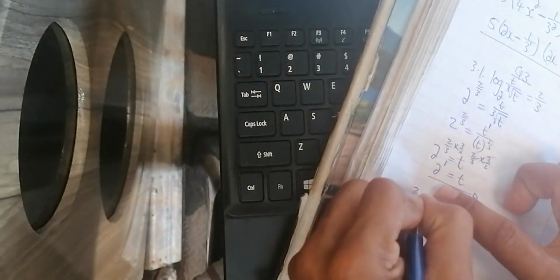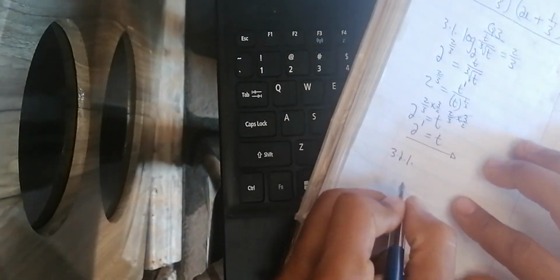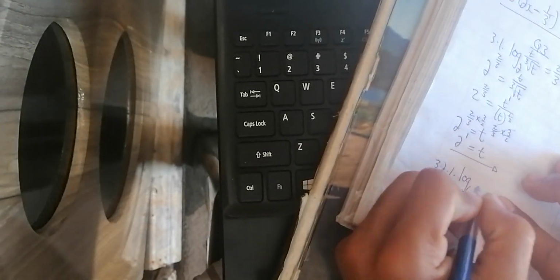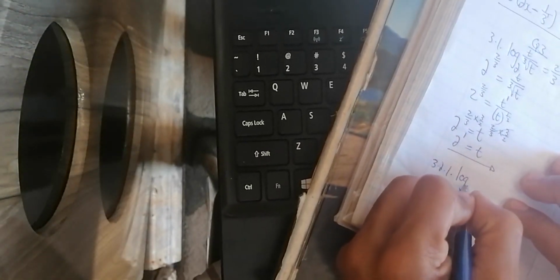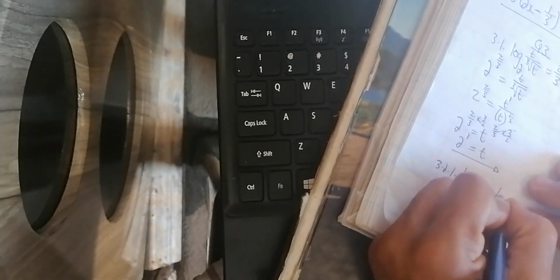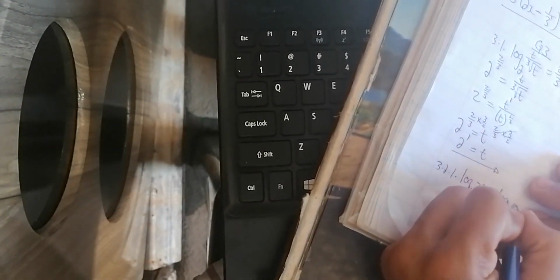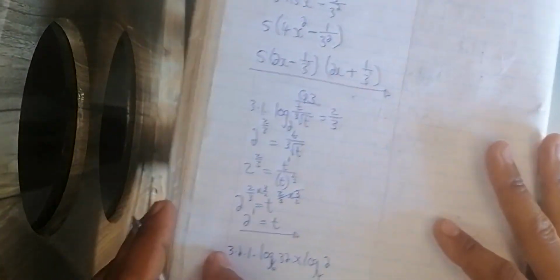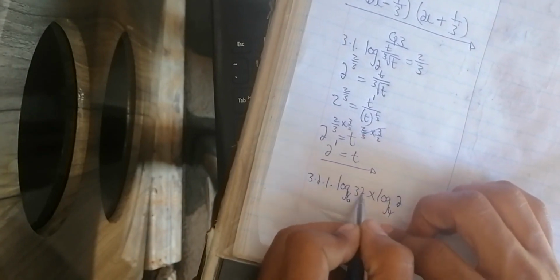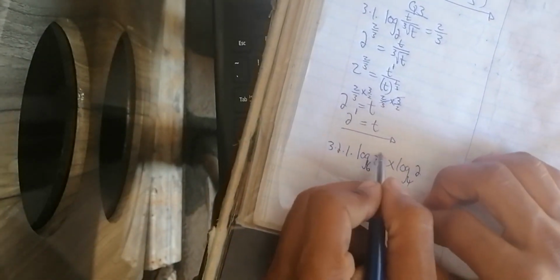Now let's go to 3.2.1. In 3.2.1 they say simplify each of the following without using a calculator. Log subscript 16 of 32 times log subscript 4 of 2.